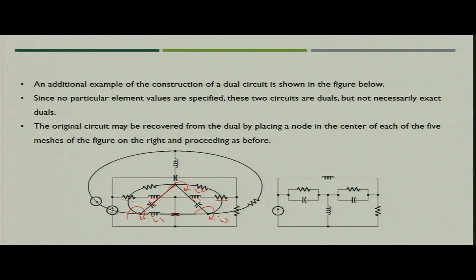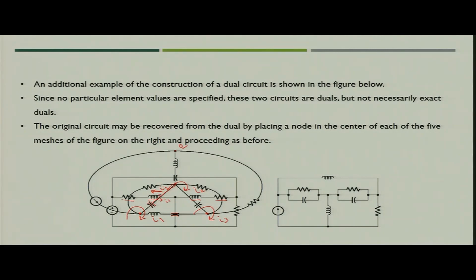First, we will identify the nodes. There would be 3 nodes, because there are 3 meshes, plus one reference node. Mesh current I1 is flowing in the inductor in this direction, while current I2 is flowing from the upper mesh in this direction. It means that the current flowing through this inductor would be I1 minus I2.